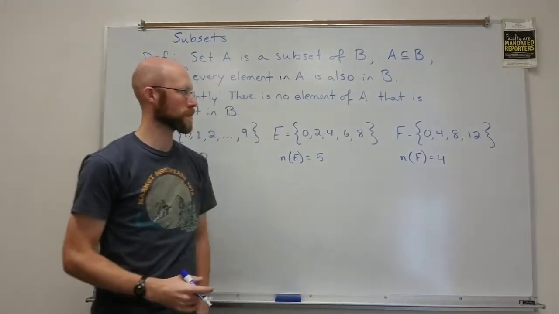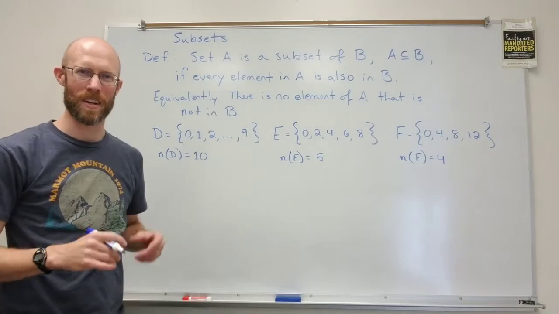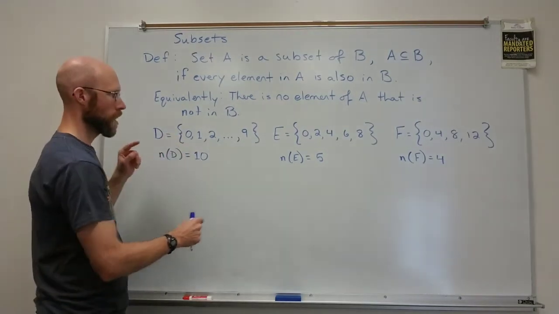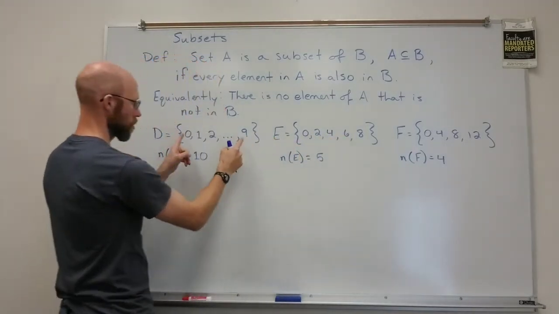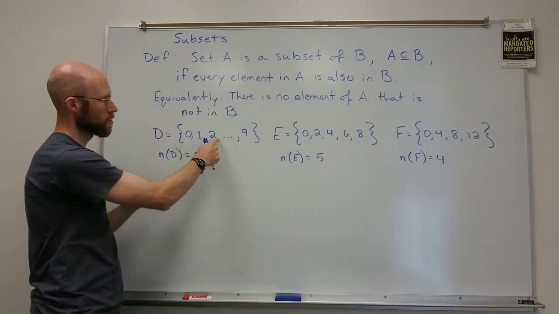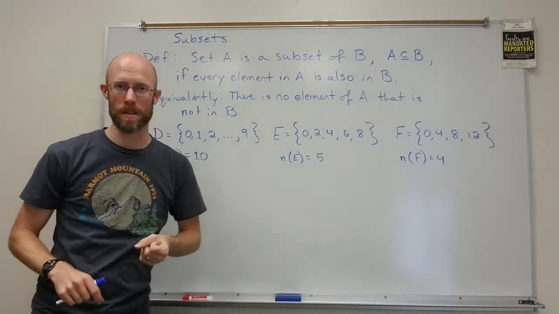That doesn't really help us out. I'm just throwing out some facts to get an understanding of these sets. What I do notice is that every element of E, 0, 2, 4, 6, 8, occurs in the set D, among the ellipsis.